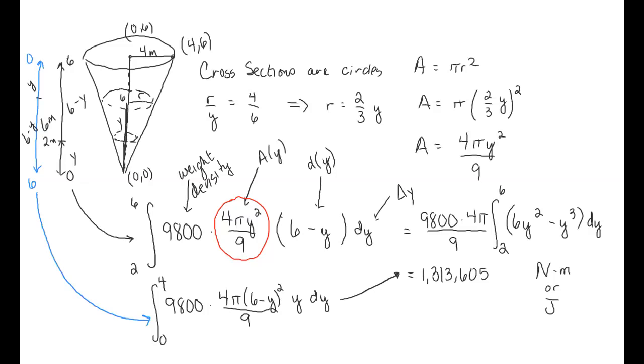Gabe said, was the last question in kilojoules? It was in joules. We had everything measured in Newton meters, and a Newton meter is a joule, not a kilojoule. Oh, they wanted the answer in kilojoules? Okay, so how do you convert from joules to kilojoules? Great question.